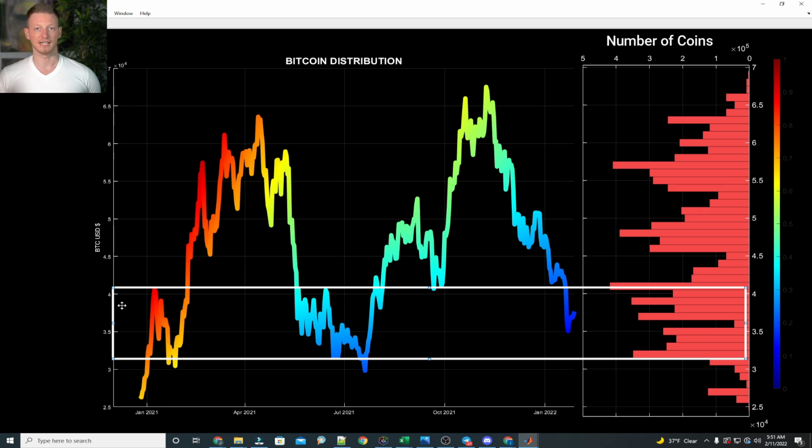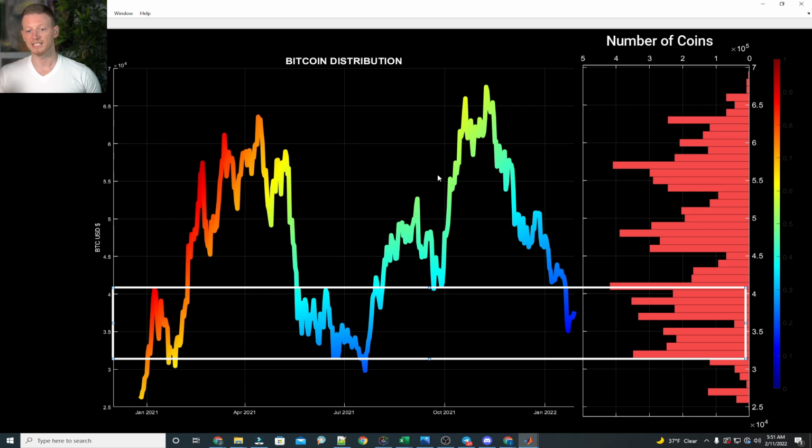That indicates to us that this is going to be a strong level of support for Bitcoin going forward. Because when you have a large number of holders, and remember, the people that acquire down here, when people are buying the asset into market weakness, these are typically long-term holders, and they simply do not sell the asset.